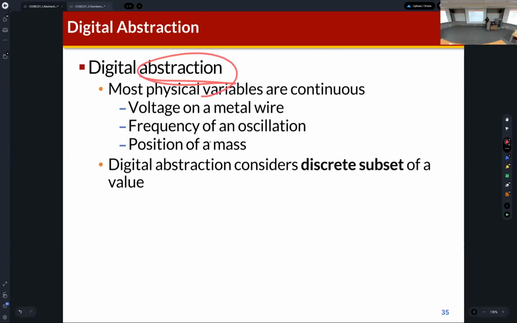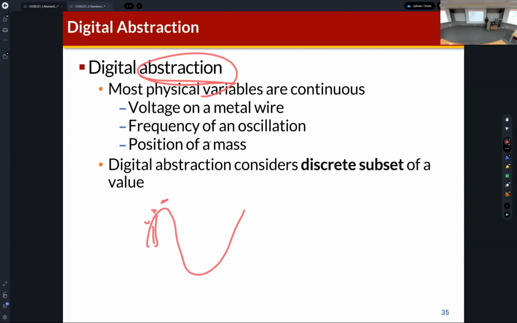I mentioned that in the real world, all kinds of signals are analog signals. So they are continuous signals, and the values on these signals are real values. So it's a real number.